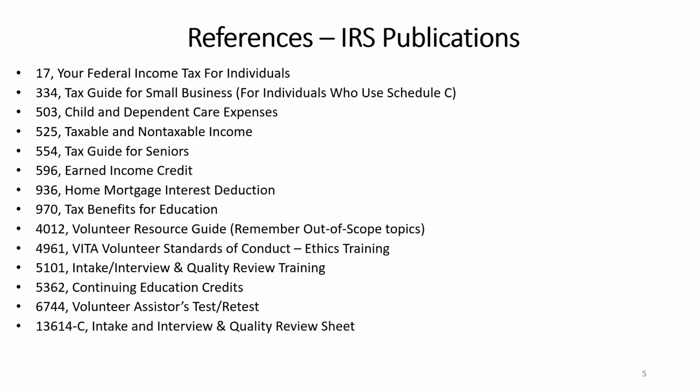I think the takeaway for that document is that before you take the certifications, you're going to do it your way, and I'm going to do it my way. This is how I do it. I sit down with the 6744. I read the question posed in the test or the certification, and then I will typically look at the answers. A lot of these I know off the top of my head, but I'll look at the answers in Publication 4012.